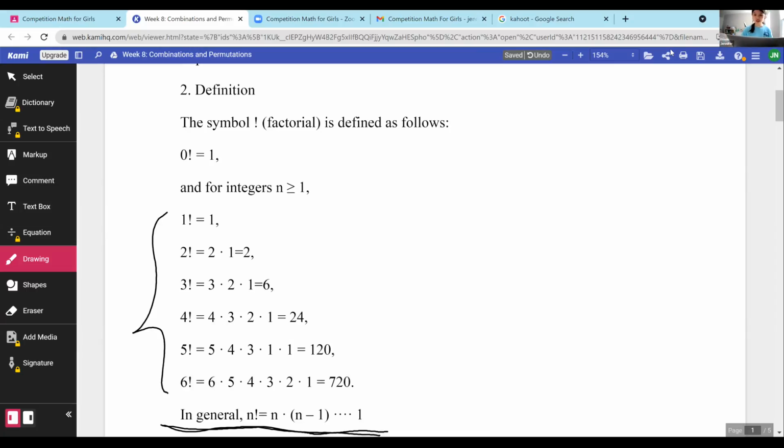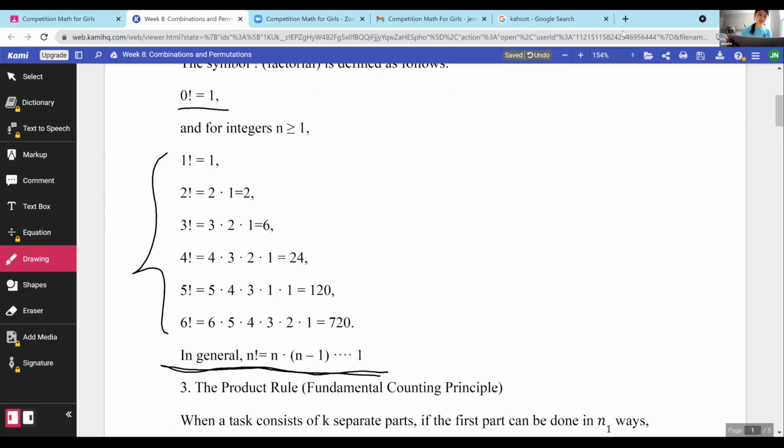We don't have to memorize them, but after a while, if you get used to using them in problems, they naturally come. And also, we define 0 factorial equals 1. Later, it'll be clear why it is the case in many counting problems, or if we continue the study of math.